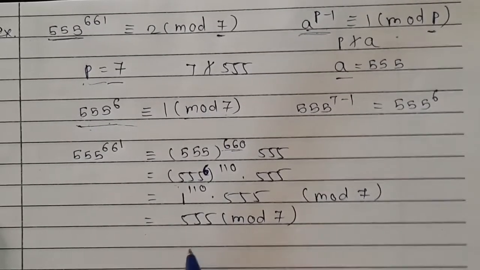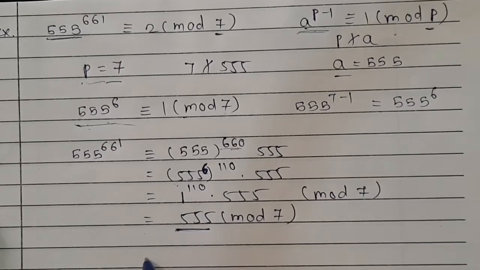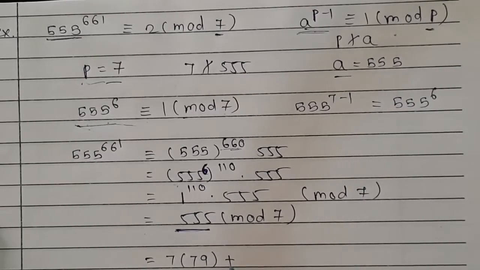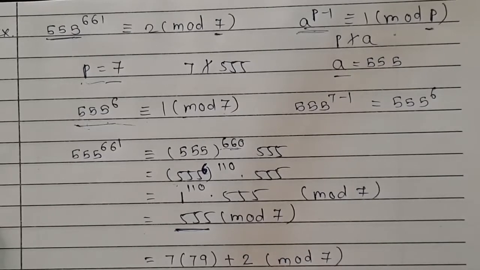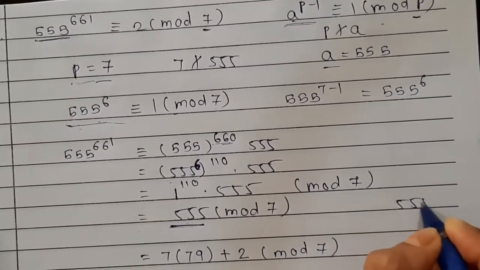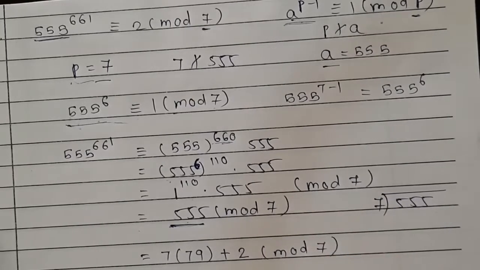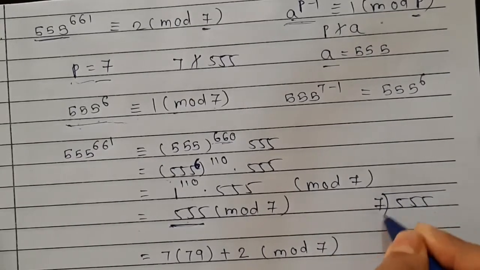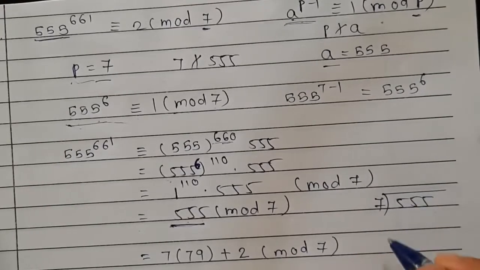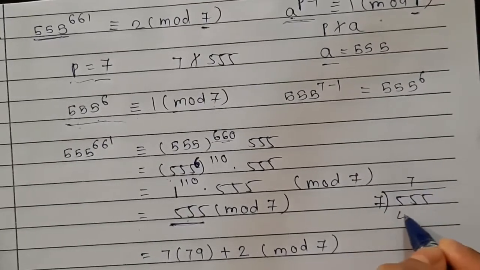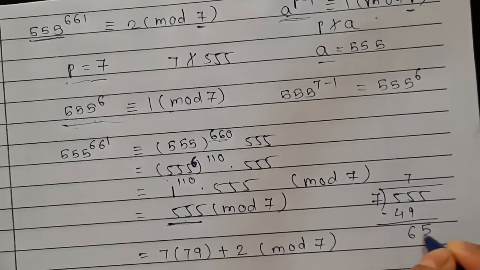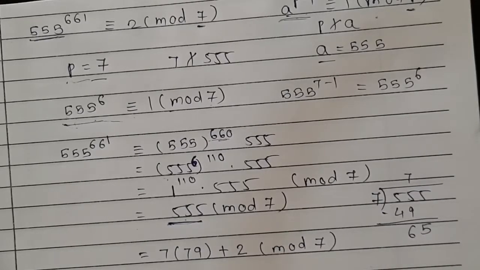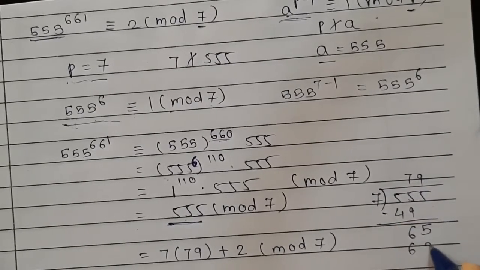Now if we split this 555, we get 7 into 79 plus 2, mod 7. Let's divide 555 by 7. 7 sevens are 49, so here we get 6 and we have 65. 9 sevens are 63.